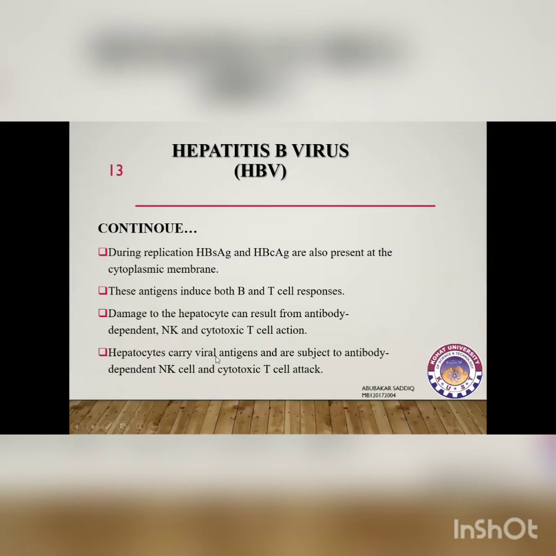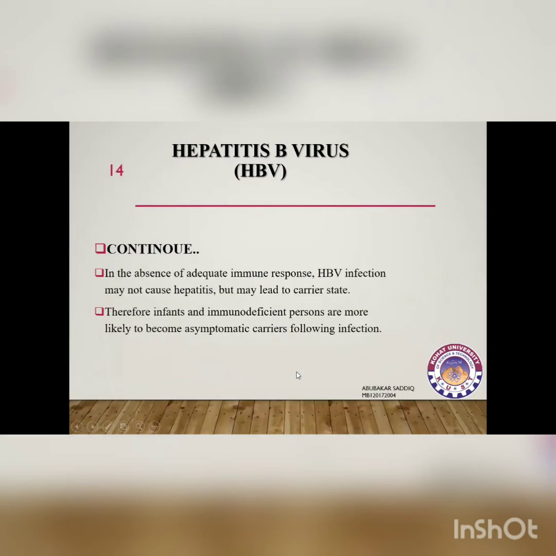Hepatocytes carry viral antigen and are subject to antibody-dependent natural killer cell and cytotoxic T cell attack. In the absence of an adequate immune response, HBV infection may not cause hepatitis but may lead to a carrier state. Therefore, infants and immunodeficient persons are more likely to become asymptomatic carriers following infection.